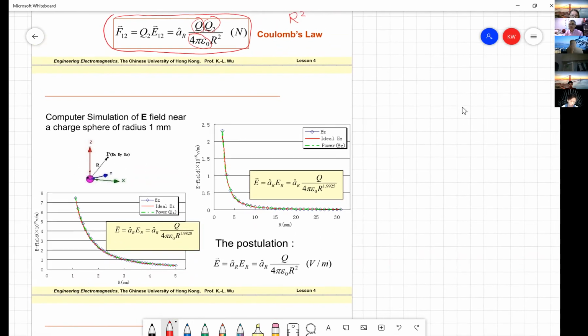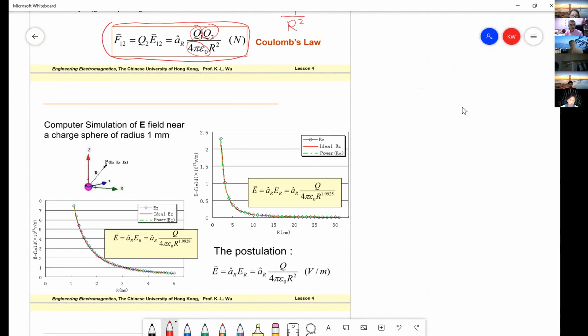Let's take a look at what this computer simulation is. I put a charged conductor sphere with a radius of 1 millimeter, very small. The reason I chose a sphere is that the charge on the sphere must be uniformly distributed.